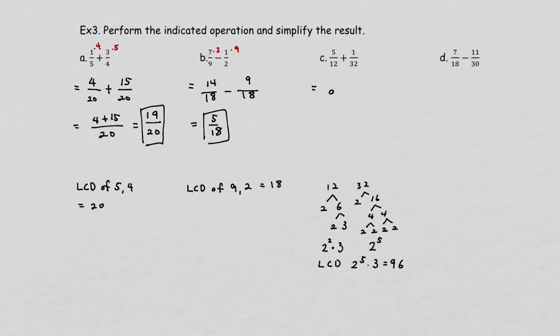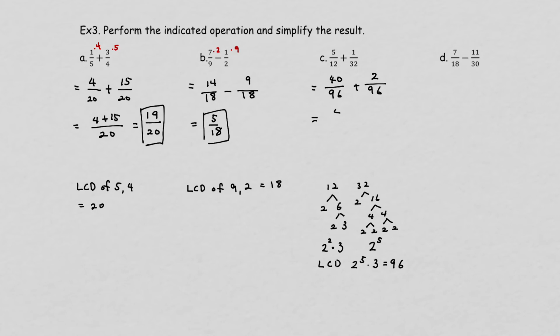So I'm going to use 96 plus 96. 12 to become 96, what are you multiplying? 8. So then multiply 5 times 8 gives you 40. 32 to become 96, you're multiplying by 2. So multiply 2 times 3 gives 6.